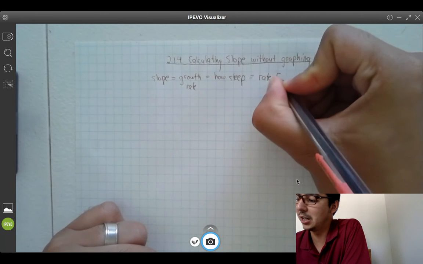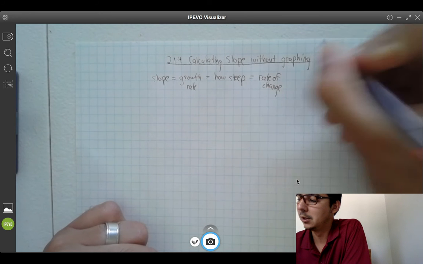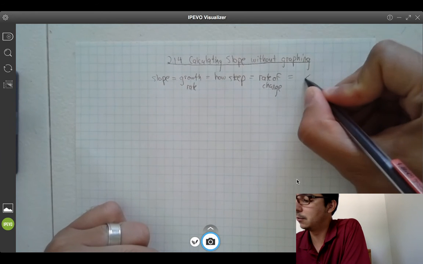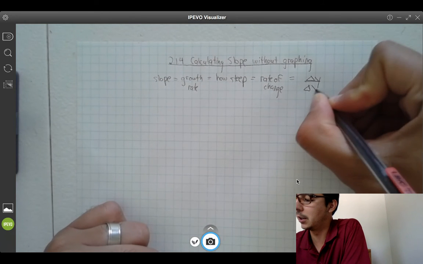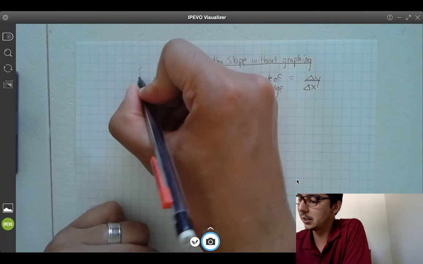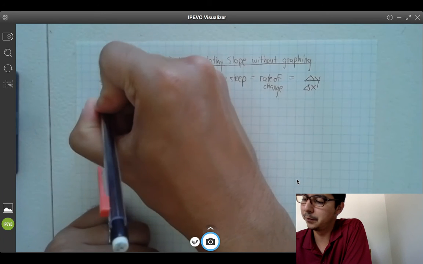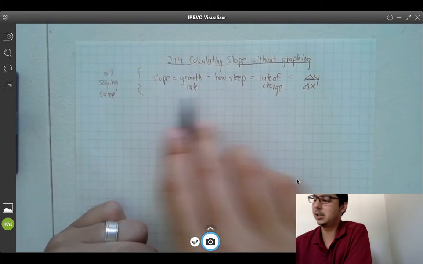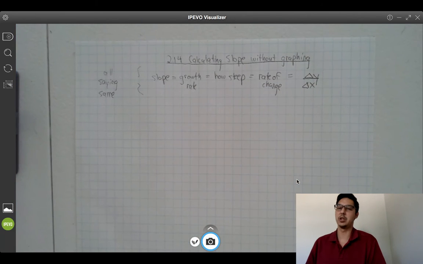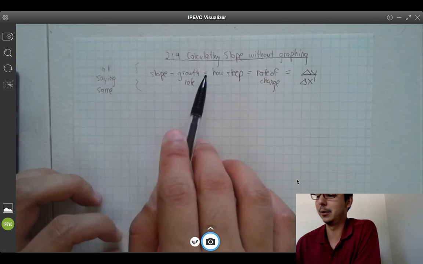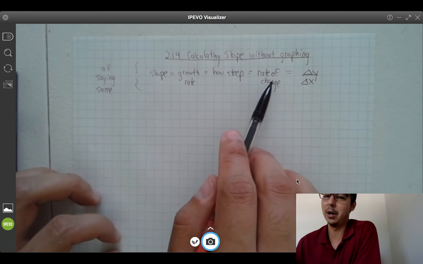It's how is it changing? That's what slope means. And the new one from yesterday was the change in y over change in x, right? So these are all saying the same thing. Just we interchange them a lot, with slope being the most popular.